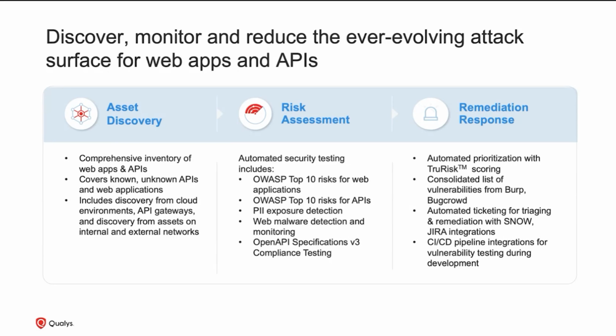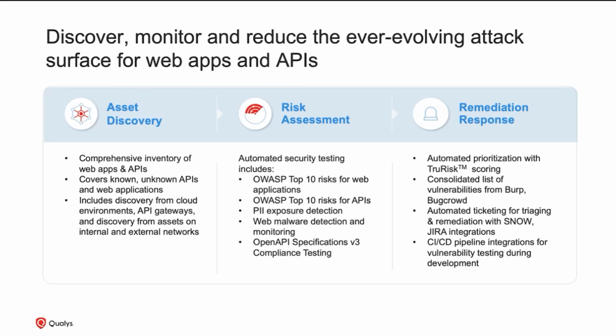It basically connects to your cloud environment. It connects to API gateways and discovers web applications and APIs that may be hosted on your assets in your internal network, as well as internet-facing assets that you may have. It can detect web applications and APIs from those assets as well.